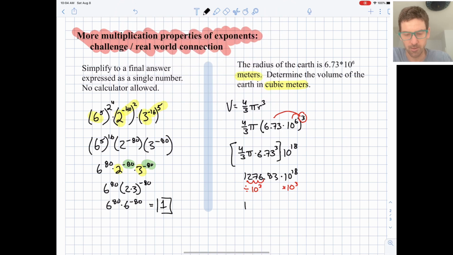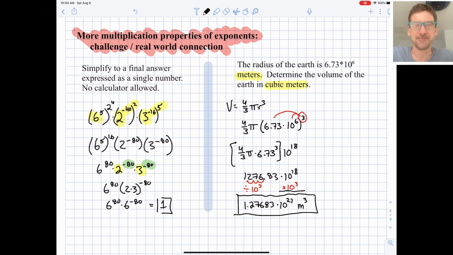Okay, so we're going to get 1.27683 times 10, and this multiplication right here, we're just going to add those two exponents together, times 10 to the 21st, and that's going to be in cubic meters. So that's going to be our final answer right there. All right, and that's a good place to stop.